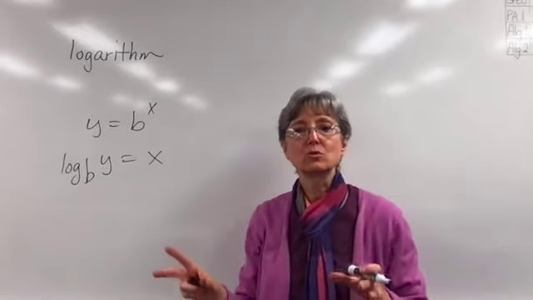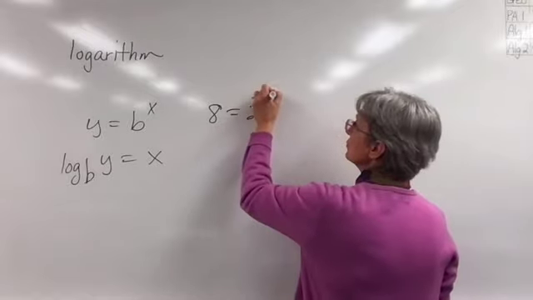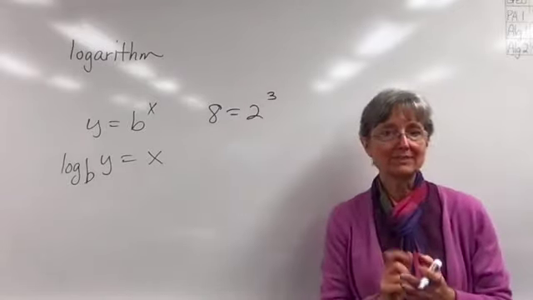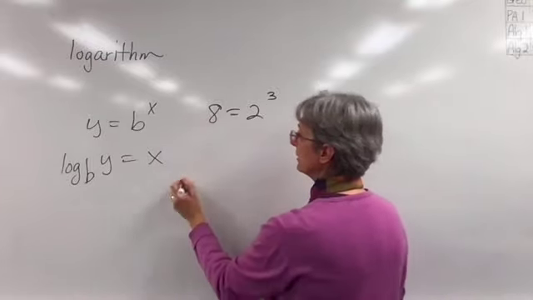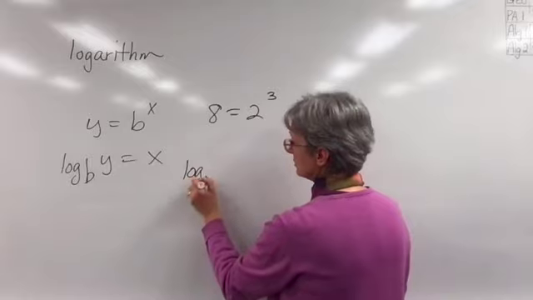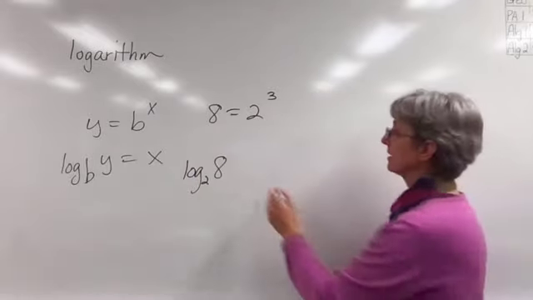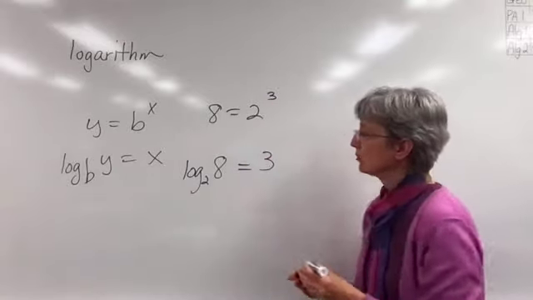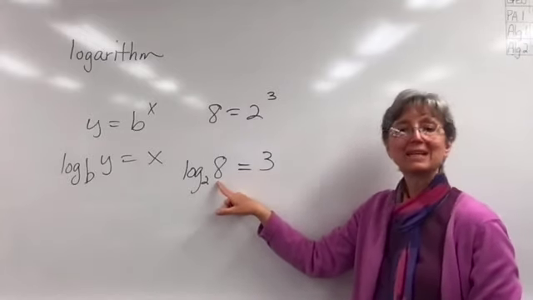So when you have a log problem, your answer is the exponent. Let's look at this with numbers. Let's say that our y is 8 and this is 2 to the power of 3. So 2 to the power of 3 is 8, right? If I grab my log and sling this over here, log base 2 of 8, notice my base is now below the 8, equals what's left behind, my 3, correct? Which means 2 to what power gives me 8?